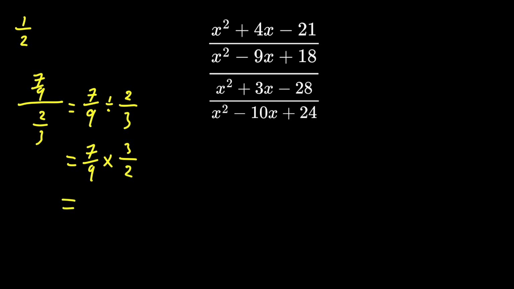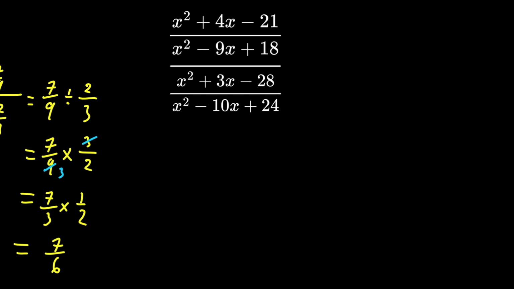And we can simplify it. So 3 and this 9 cancel, we'll be left with 3 times 1 over 2. And then the final answer will be 7 over 6.